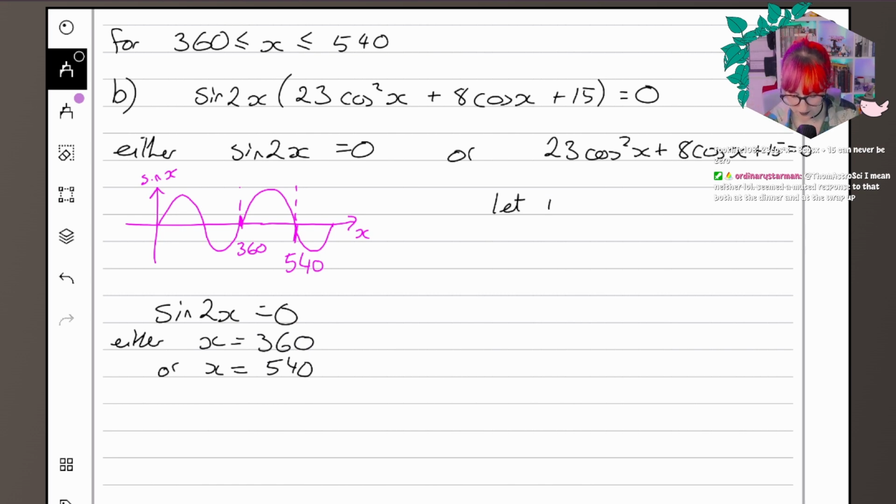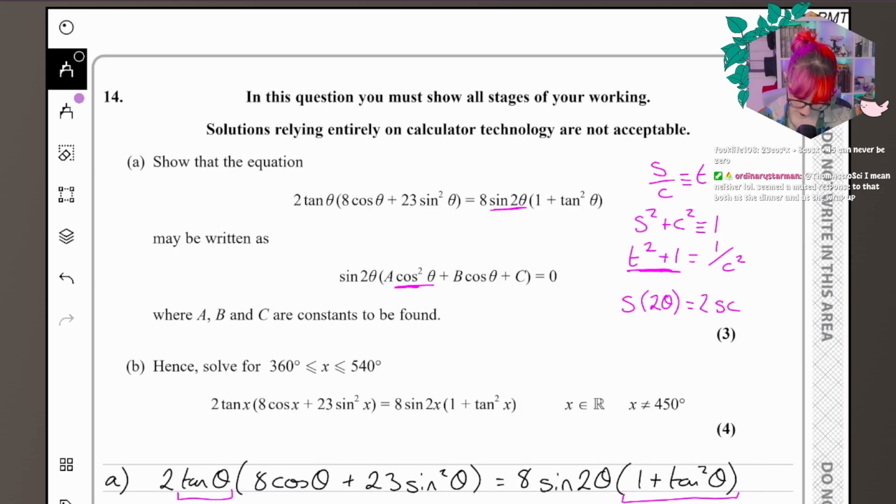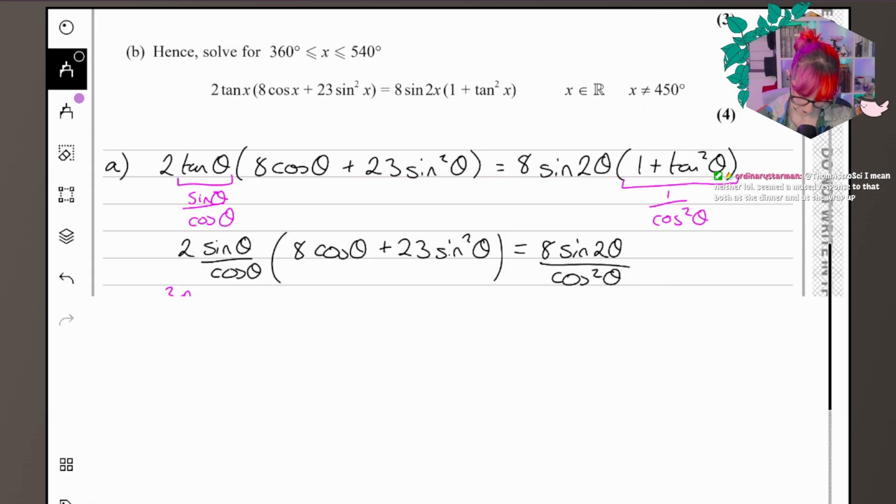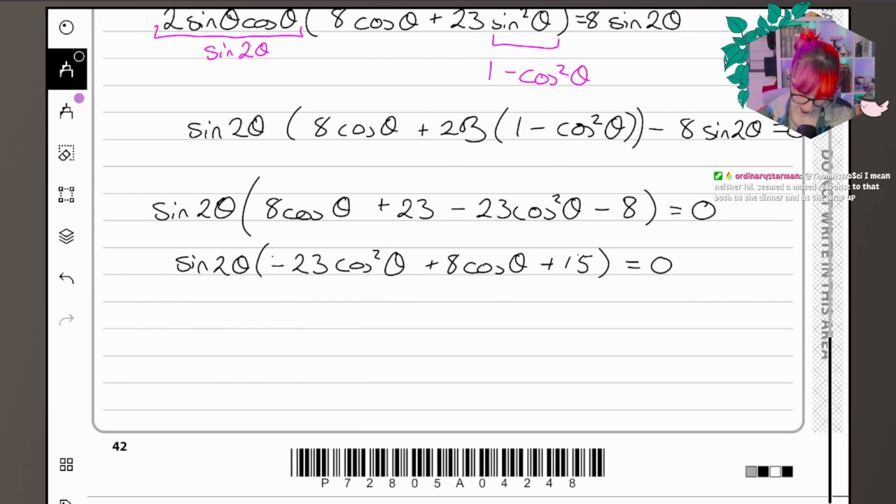So we're going to let u equal cos of x. Then we're solving 23u squared plus 8u... I've lost a minus sign somewhere. How have I lost a minus sign somewhere? Where's it gone? Give it back. That should be plus, minus, minus.